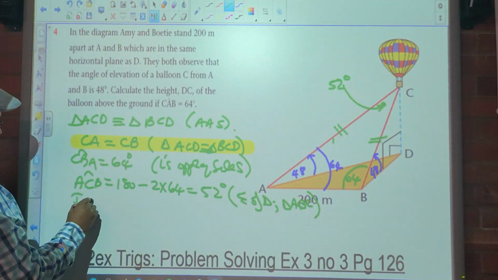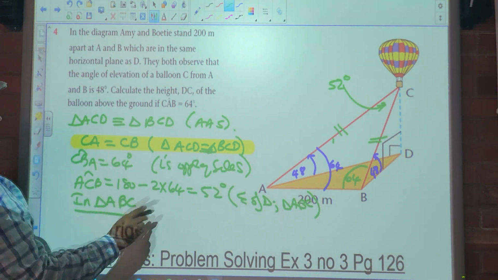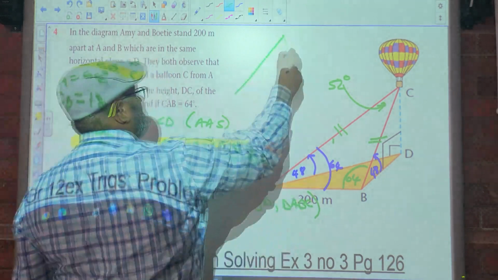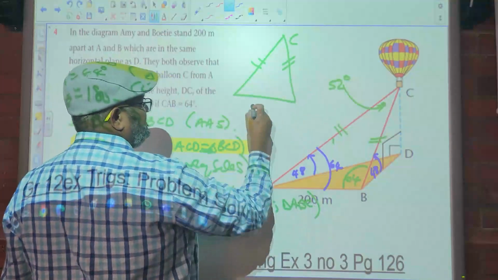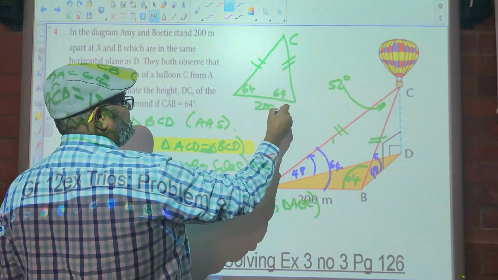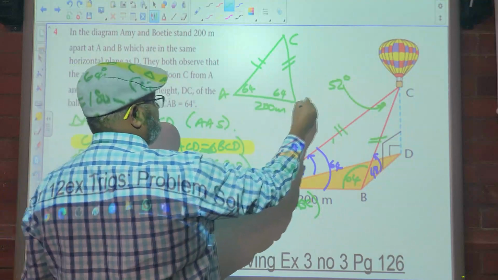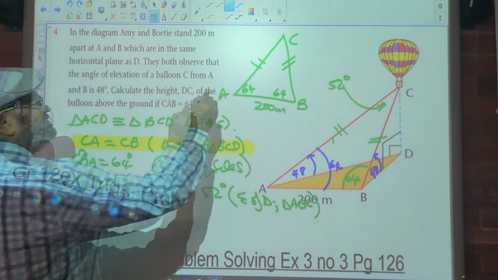So, in triangle ABC, for those of you who don't see it, it should look like this now. You see those lengths are equal. This is a 64, 200 meters there, and this is, of course, AB. And that is 52 here.